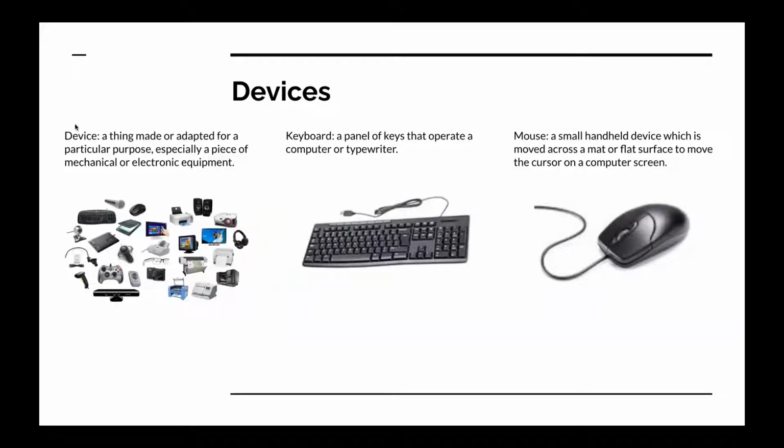So this would be keyboards, controllers, which you use to play video games, VR cameras, and many other things, printers, speakers, and headphones actually. Now on to the most essential device. A keyboard is a panel of keys that operates a computer or a typewriter, which you can use to type and form words.